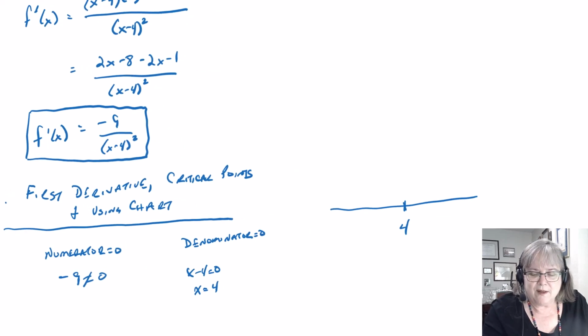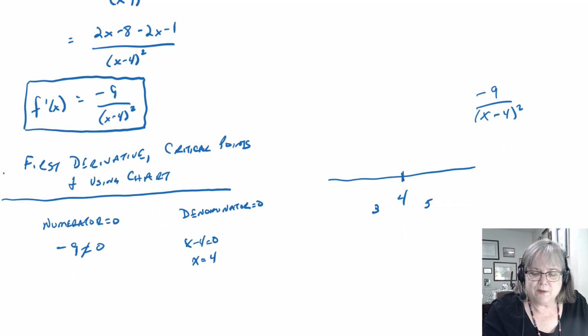Now keep in mind that what we're working with is -9 over x minus 4 squared. And we would normally pick a number to the left and a number to the right for test points. And you'd have a little test point. And you would talk about your signs. And you would decide whether it's positive or negative.